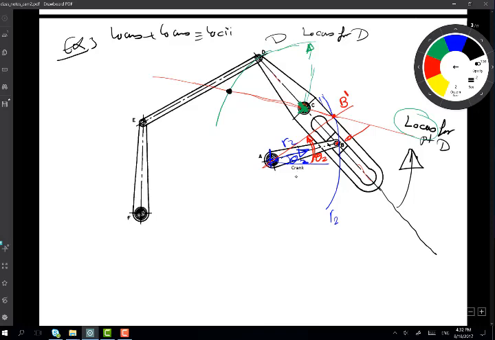So the two loci will intersect to give me the new position of point D. So this is D prime here. Okay. So now I know my slider is going to fall there, right? And this is point D.